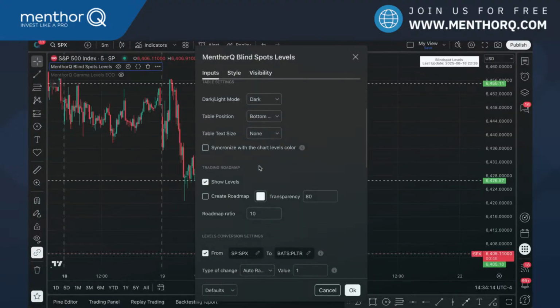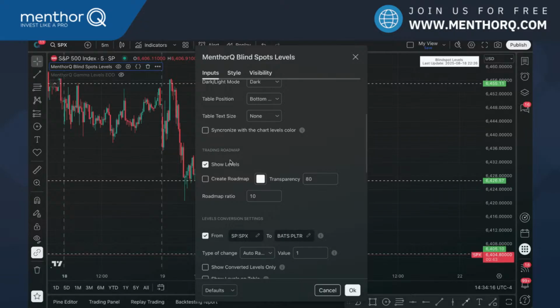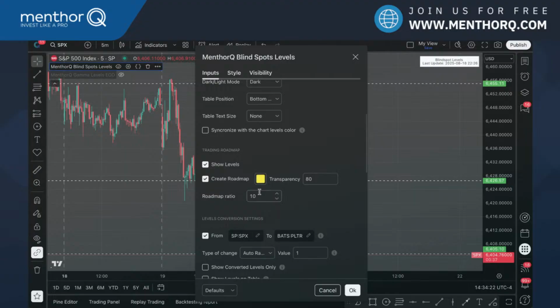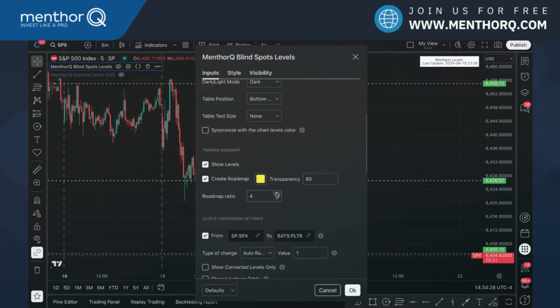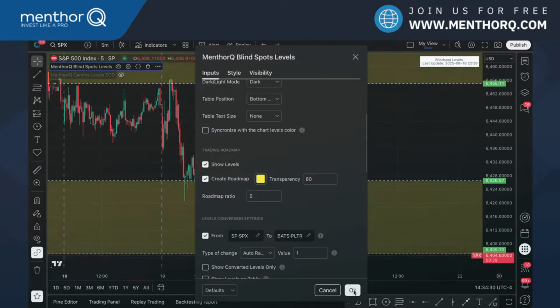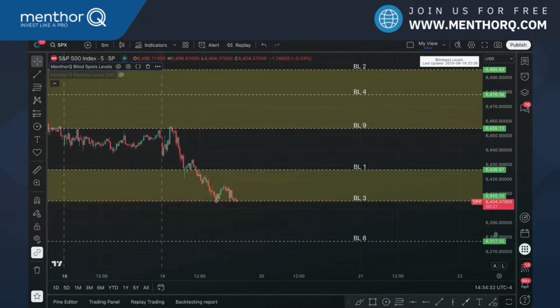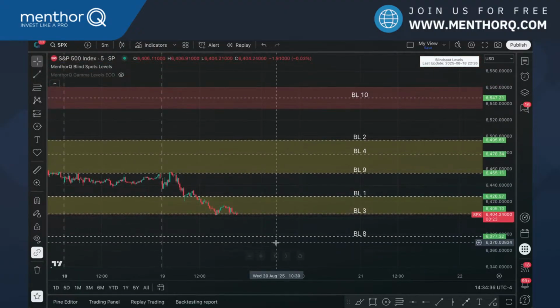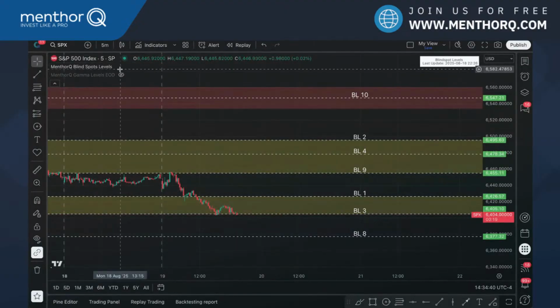Within blind spots, we also have the trading roadmap feature. This is very powerful because you can come here and create a roadmap. You need to modify the ratios, so depending on the asset that you trade, you might want to increase or decrease the ratio. Here we have, for example, a ratio of 4, and we can create a box or a set of areas where we might want to trade.